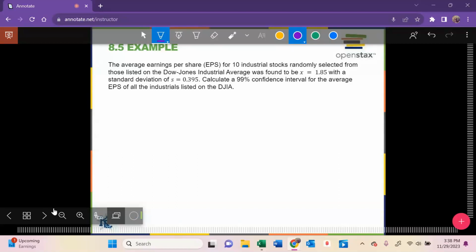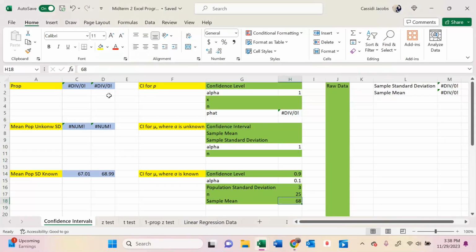So we can do this problem. The only difference is now we are using a different block on here. We are now doing the mean, population standard deviation unknown. So it is based off of using the t-distribution. So we can put in our given information.